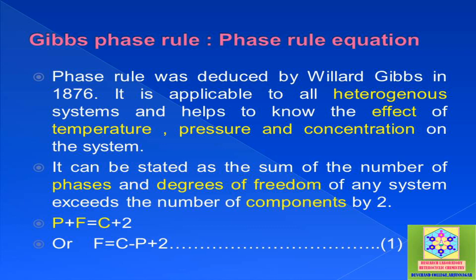Mathematically, it can be expressed as P + F = C + 2. Or in other words, F = C - P + 2, where F is degrees of freedom, C is components, and P is phases.